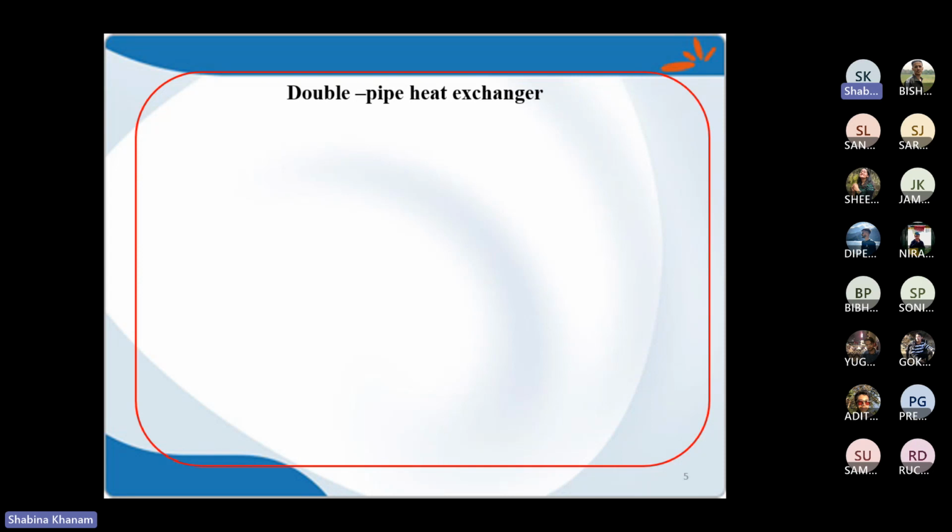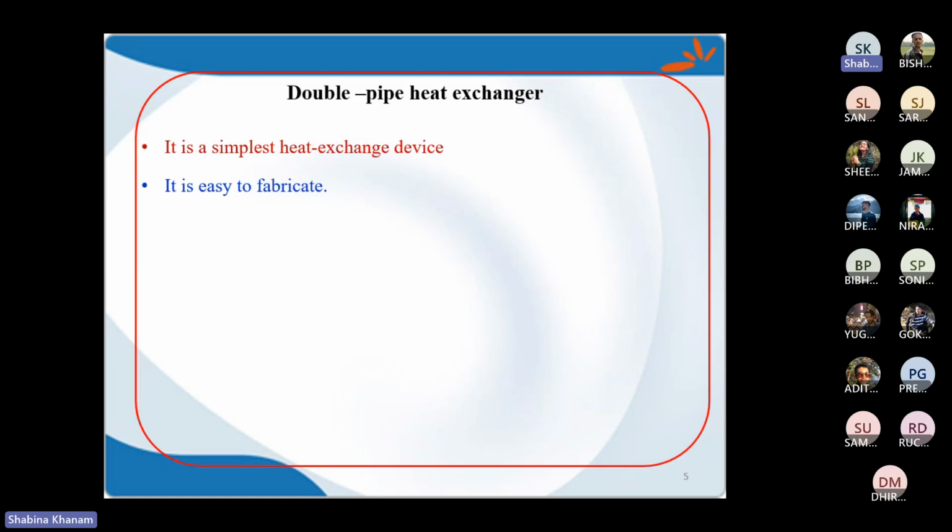Two pipes are inserted one over another. This is the simplest kind of heat exchanger device we could have. These are concentric pipes: one of a smaller diameter over which a larger diameter pipe is simply placed, keeping equal space at the annular side throughout the length.